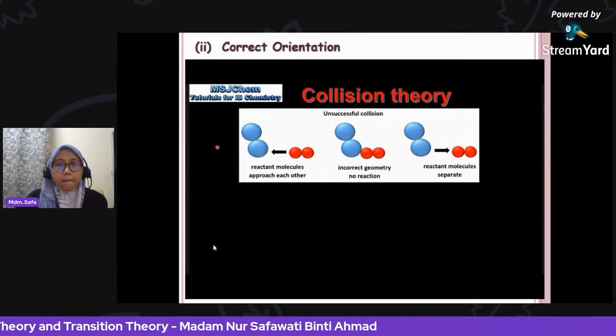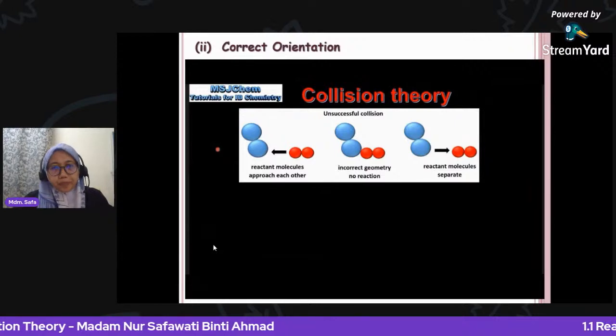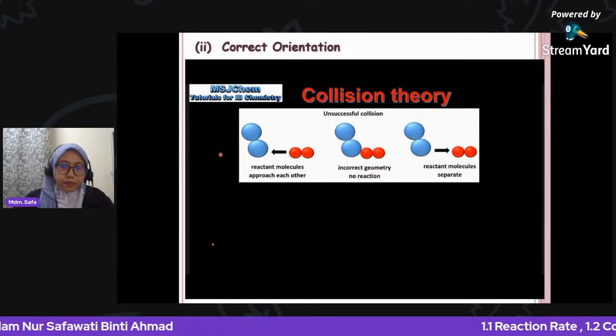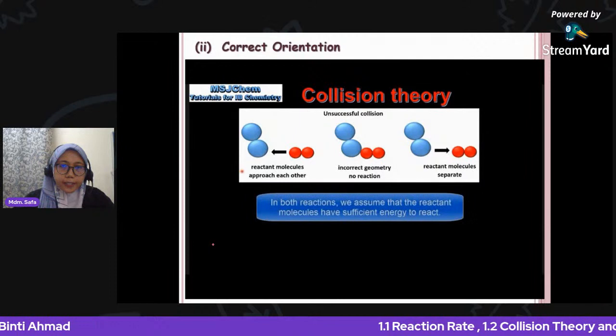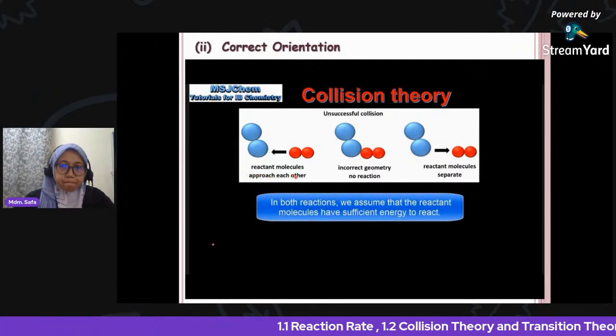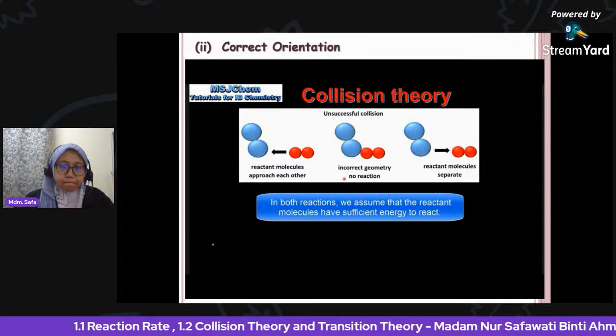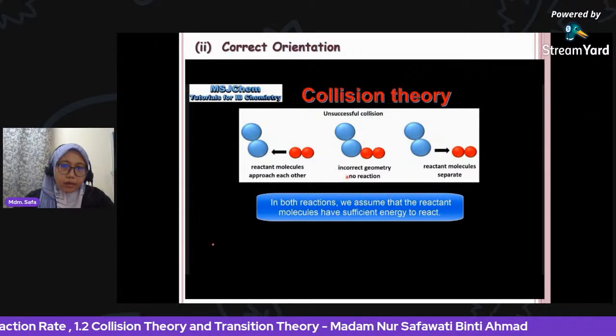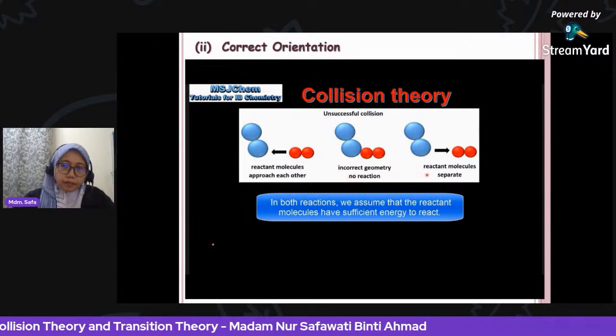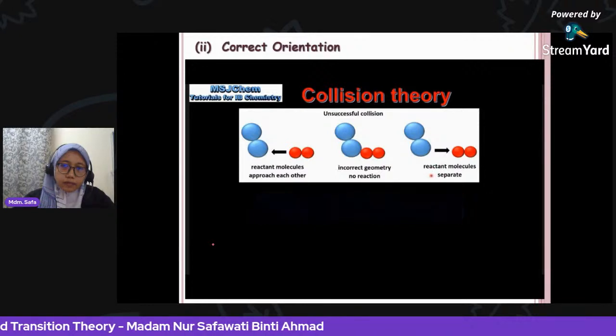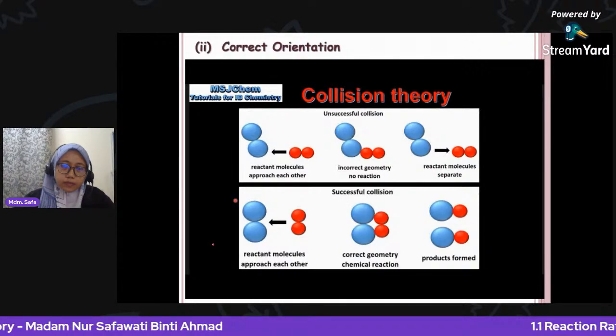Next, we look at the difference between an unsuccessful and a successful collision in terms of geometry. First, the reactant molecules approach each other. However, they collide with incorrect geometry, therefore no reaction takes place. And finally, the reactant molecules separate. Next, we look at the successful collision.